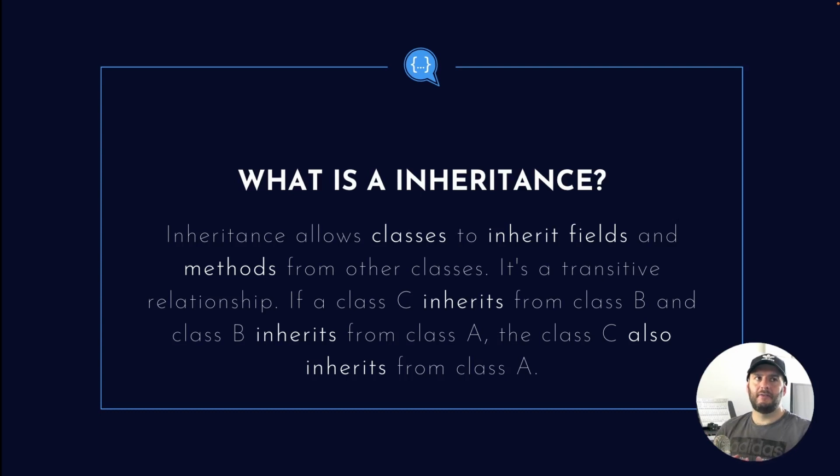It means that, for example, if I have a class C that inherits from class B and class B inherits from class A, that means that indirectly class C also inherits from class A. And that is what we mean by transitive.